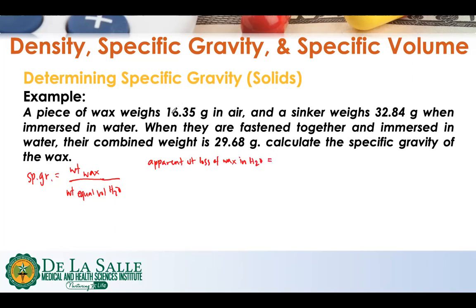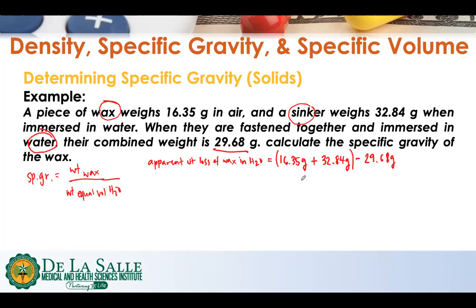So, take note that we know the weight of the wax in air, 16.35 grams. We also know the weight of the sinker in water. So we just add it here, 32.84 grams. And then we also know the combined weight of the wax and the sinker in water. So we will subtract that value, 29.68 grams, from this sum.